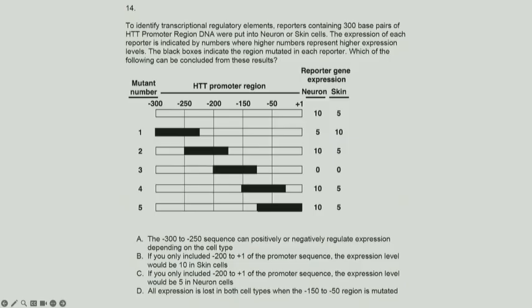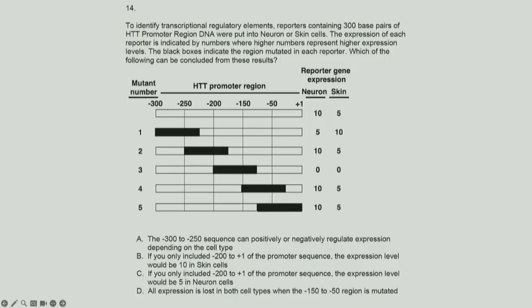Yeah. So if we're including from negative 200 to 1, why don't we include that part of 2? Because you see it go from 10 to 5, and it's saying that it can keep at 10 for skin cells. For row 2, whatever is affecting the transcription of these is happening in the minus 300 to minus 250 region, right?